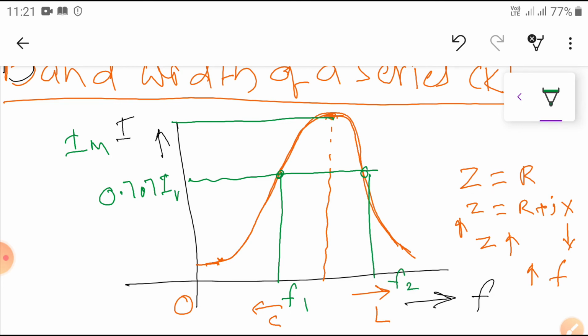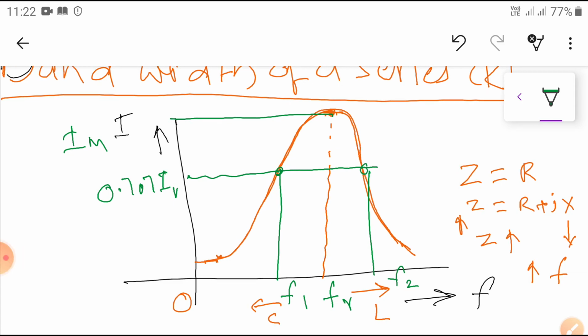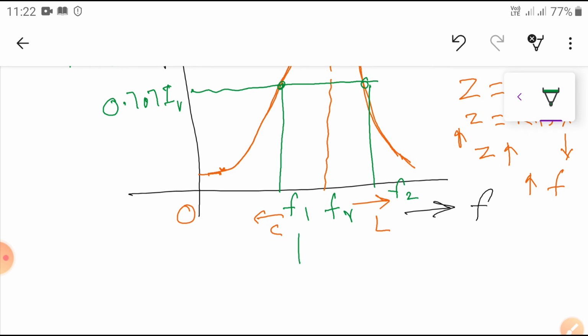The extreme lower frequency and higher frequency. Now, in between F1 and F2 is the resonance frequency. Okay. So, F1 is the lower cutoff frequency, F2 is the upper cutoff frequency.